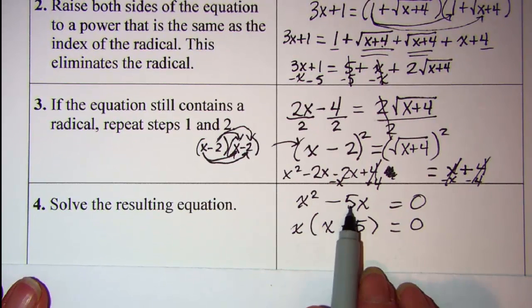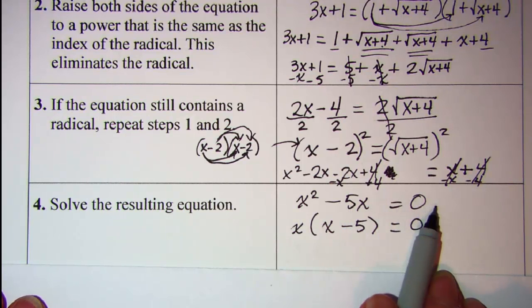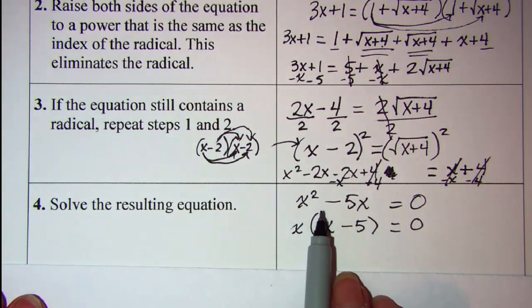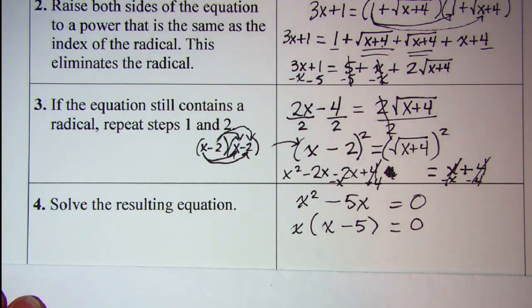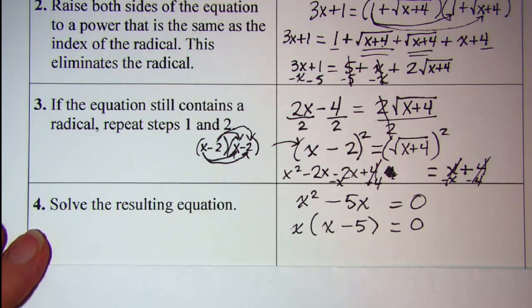Some students would think that they can move this negative 5x to the right side and then divide both sides by x. But this is not recommended. You should never divide by a variable because the variable could be 0, and that would open you up to division by 0, which is undefined.